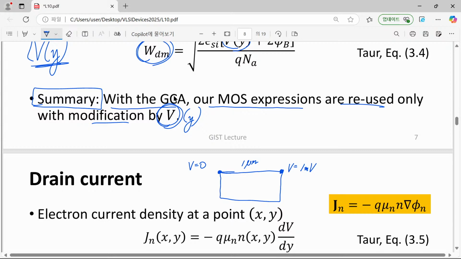And now we assume just linear variation of electron quasi-Fermi potential. It means that if we go to y equal to just 0.5 micrometer, then we assume that the electron quasi-Fermi potential is also 0.5 millivolt. Then now please try to estimate those numbers.